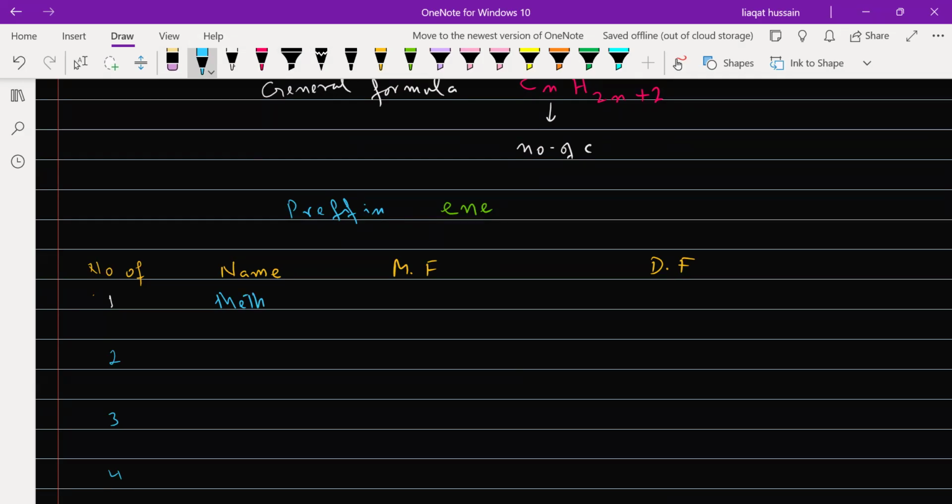If you have 2 carbons in the structure, its counting will be eth. If you have 3 carbons, then it will be known as prop. If you have 4, it will be known as but.